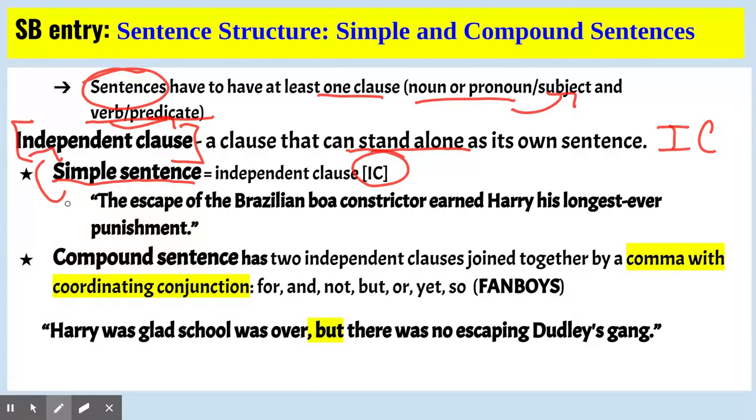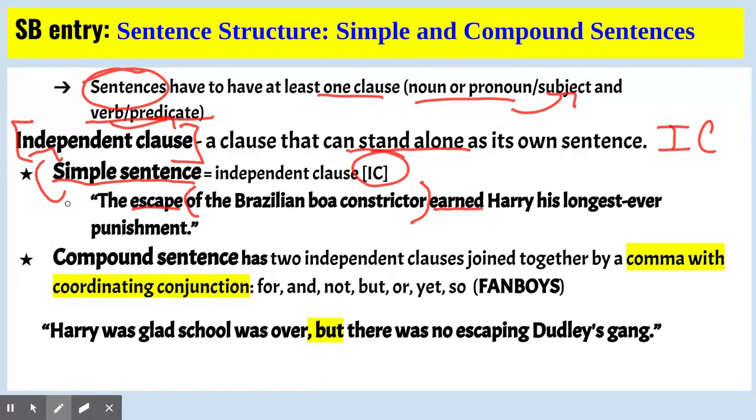In the example that we've got here, pulled from Harry Potter since we've already read it: the escape of the Brazilian boa constrictor earned Harry his longest ever punishment. Well, my subject is, everybody wants to tell me, boa constrictor. No, because of the Brazilian boa constrictor is a prepositional phrase. It's actually the escape. And what did it do?